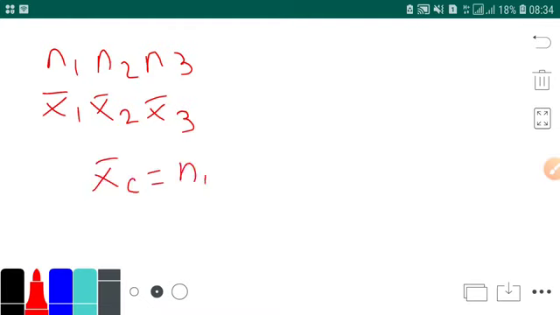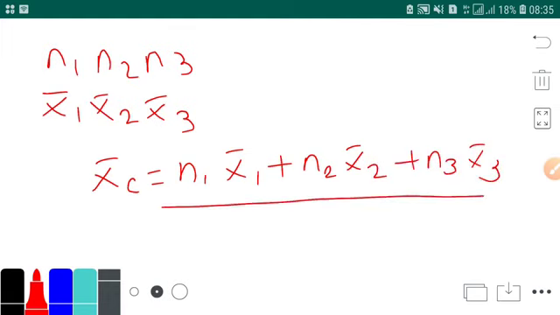We will be applying the formula n1 x bar 1 plus n2 x bar 2 plus n3 x bar 3 upon n1 plus n2 plus n3. So if there are 3 variables, or 3 classes, then also we can apply the same formula. So let's do the sum like that.